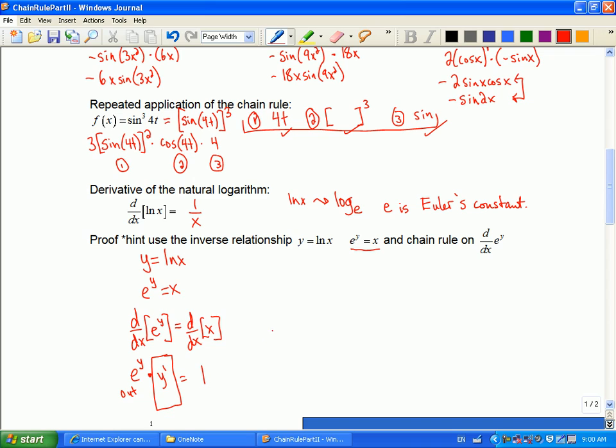So now I can rearrange this, and I've got y prime is 1 over e to the y. So y prime is going to be 1 over e to the natural log of x, and hopefully you remember that identity. You've got the base and the logarithm are the same, so that's a function with its inverse.